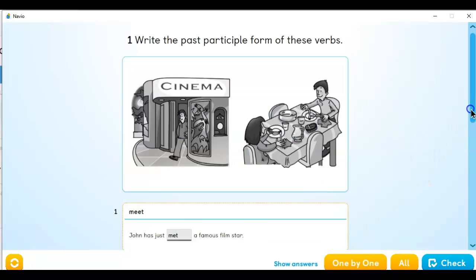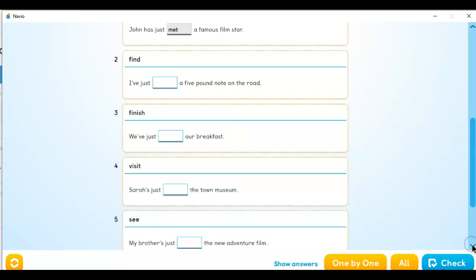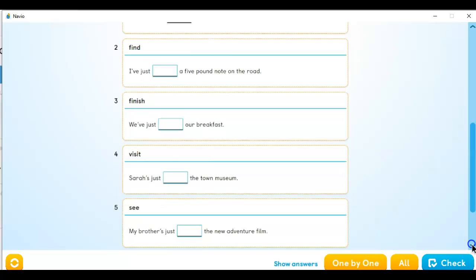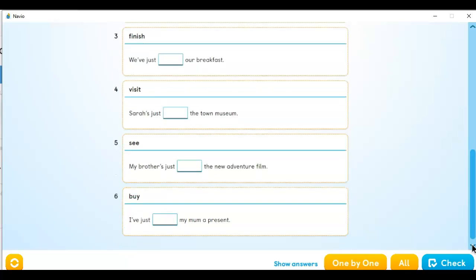Homework for next lesson: write the past participle form of this verb, okay? Remember that the irregular verbs are the verbs of the third column of the list of irregular verbs, and for the regular verbs you just add -ed at the end of the verb of the action.